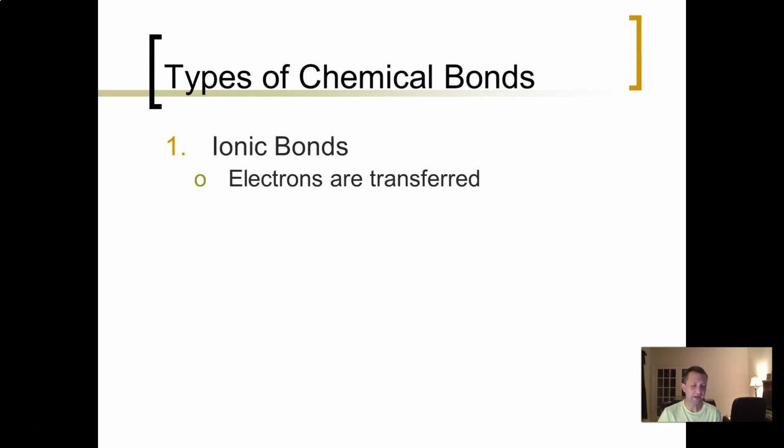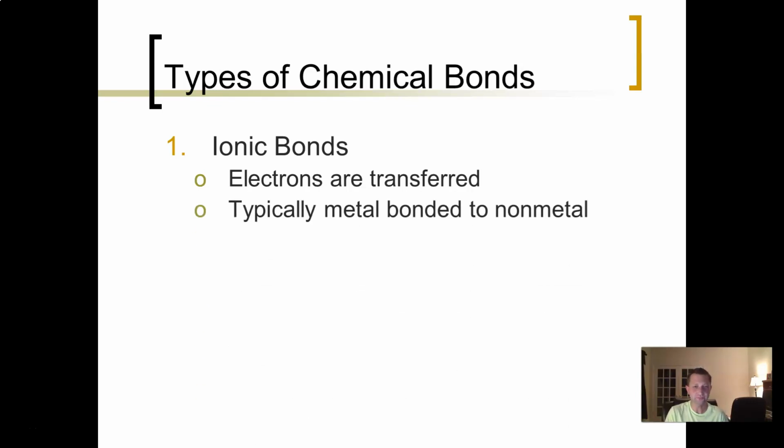That's because one atom has a much higher electronegativity value than another one does. So there's this very unequal want of electrons. So one atom tends to kind of rip them off of another atom. And that's how we get those full charges. So you typically have this occur when it's a metal bonded to a nonmetal.